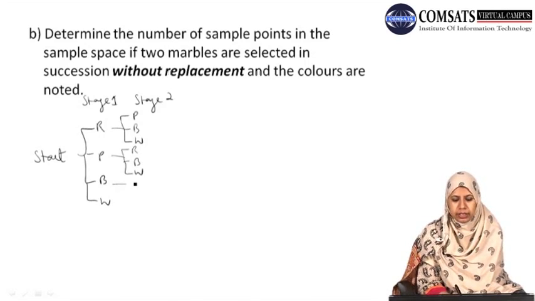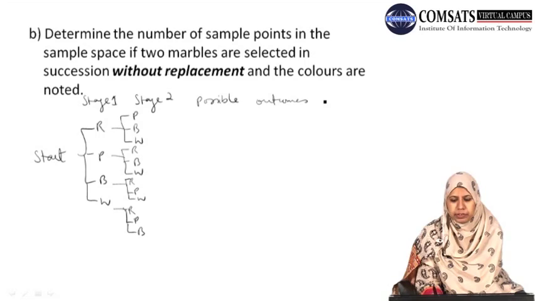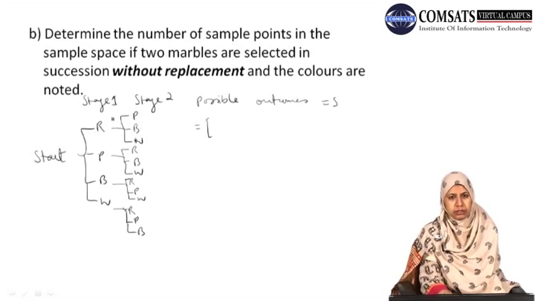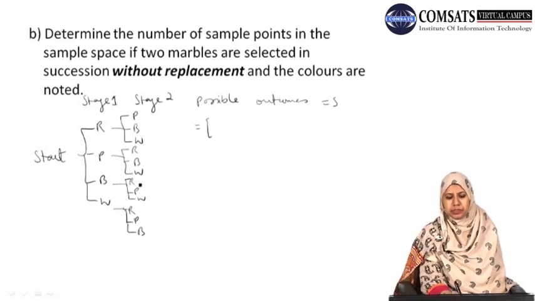and continuing for the rest of the 2, either the red, the pink or white, and for white we say that either the red or pink or black, which means that our possible outcomes or our sample space S in this case will be these are, if we count from the right side of our tree diagram, we have 3 plus 3 plus 3 plus 3.